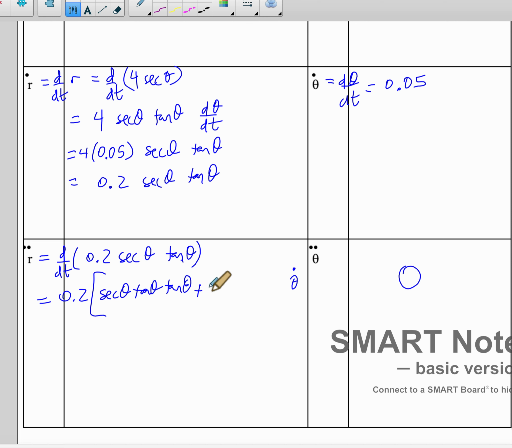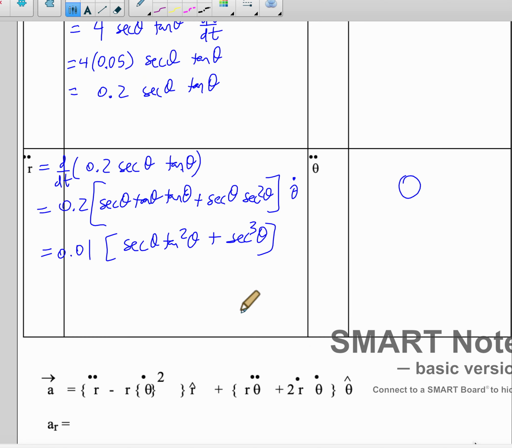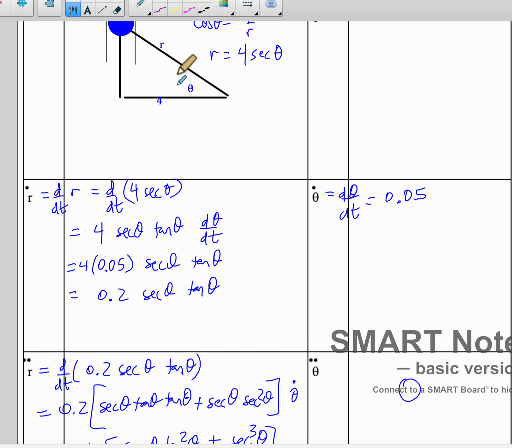Then we leave the secant alone, and we differentiate tan, but the derivative of tan is secant squared, and because of the chain rule, there's a theta dot term there as well. Now theta dot's 0.05, so 0.05 times 0.2 is 0.01, and then we have secant theta tan squared theta plus secant cubed theta. Now I'm going to change color here, and then I'm going to substitute in 30 degrees or pi over 6, and then work out what each of these are.